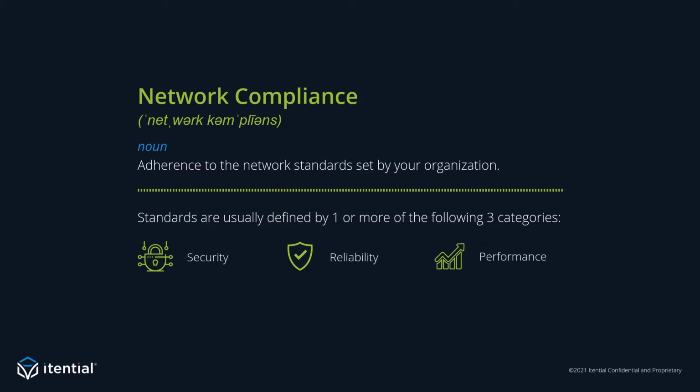We want to make sure that the network is up, and then lastly, that the network is performing to spec. And so these are all three kinds of things that get baked into your configurations, both at the individual level, but as Rich will demonstrate today, things that you can enforce across configurations from a single point on things like AWS VPCs, SD-WAN controllers, and so on. So just a real quick recap on network compliance.